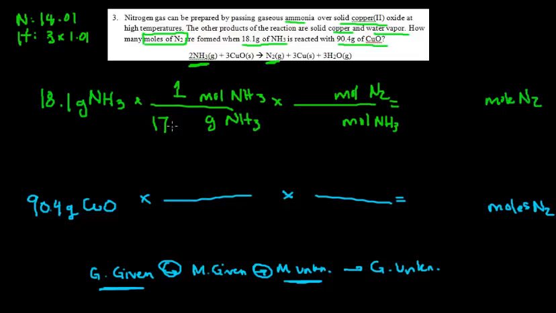That's 17.04. The last one is mole to mole ratio. Where do those numbers come from? They come from up here. So I've got 2 moles of NH3 and 1 mole here. Okay, I'm going to let you fill in this last one on your own and do the math.